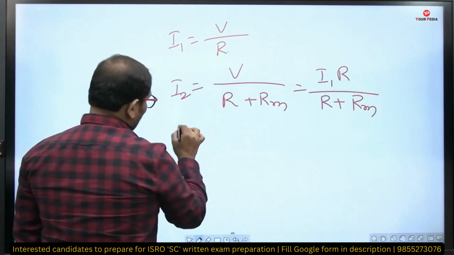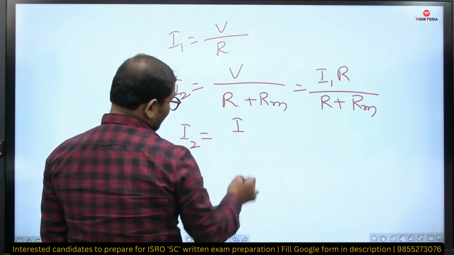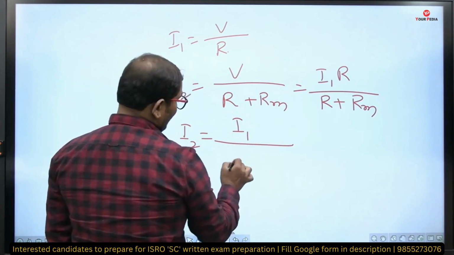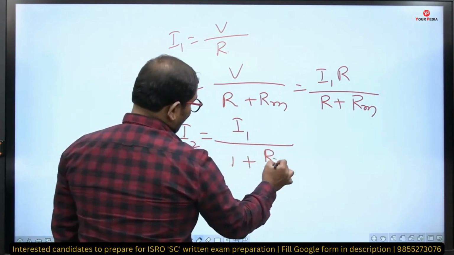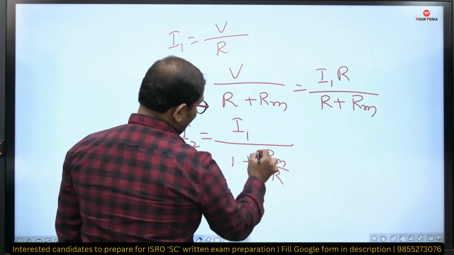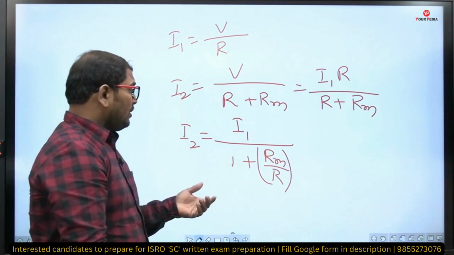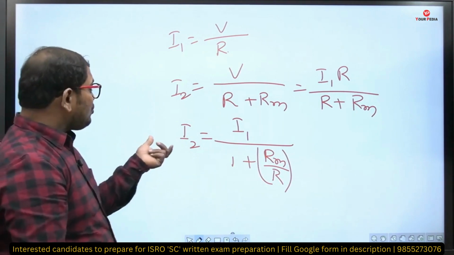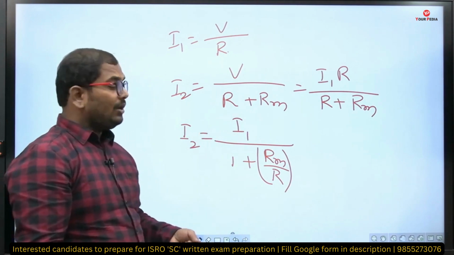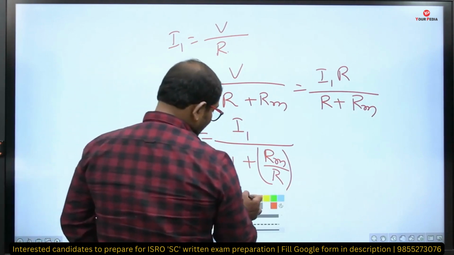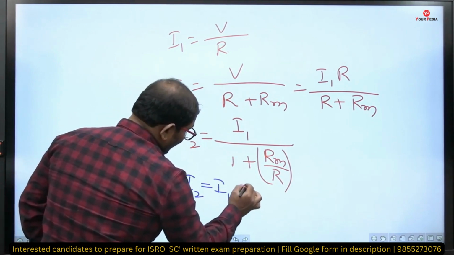So from this, I2 is equal to I1 by (1 plus Rm by R). When will these two values be equal? When Rm is equal to 0, I2 is equal to I1.